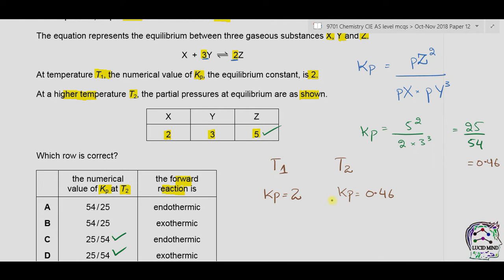Now the value of Kp depends on the partial pressure of product, which is Z. Now as T2 is greater than T1, so we can say that at higher temperature the value of Kp has decreased. It means that the reaction was exothermic. Because for exothermic reaction, whenever the temperature is increased, the equilibrium moves in the backward direction, so therefore the partial pressure of product will decrease, so therefore this is exothermic. Correct answer is therefore D.